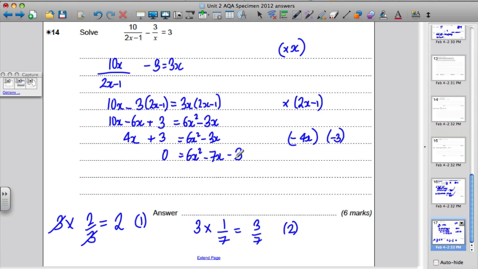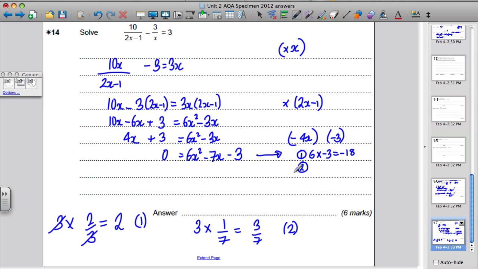Okay, we've got a quadratic equation here, and we're going to try and solve it. It's equal to 0, so we can use any method. We can use factorizing, the formula or completing the square. Let's just do a bit of side work to factorize using the factorizing method. Because the number in front of x squared is not 1, the first step I would do is 6 multiplied by the minus 3 to give me minus 18.